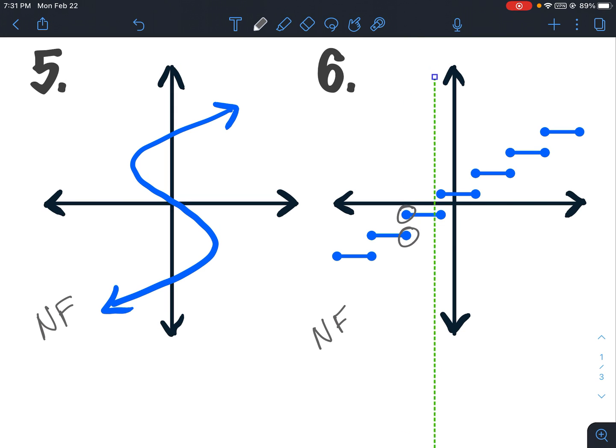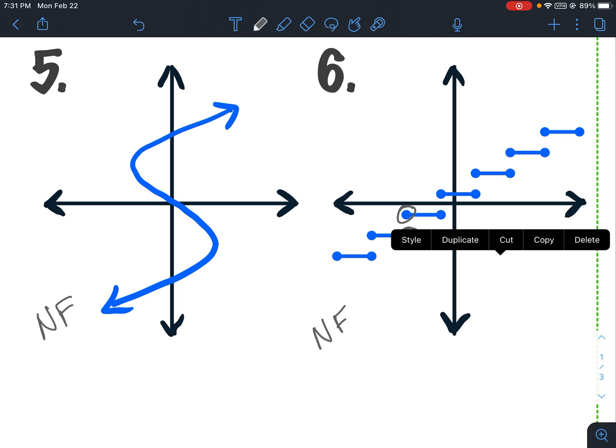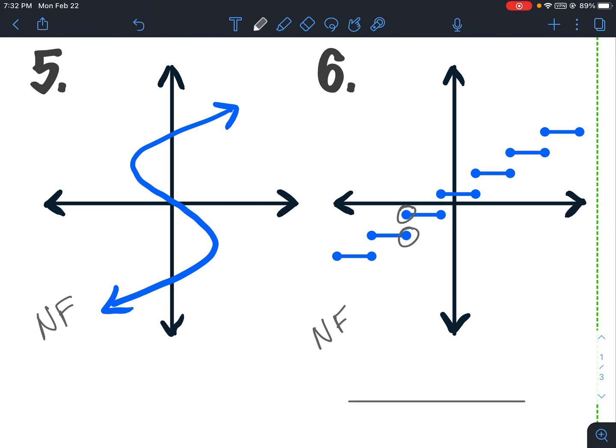However, the reason why this isn't a function is that if you remember way back when you graphed on a number line, if I had x is greater than or equal to 3, because it's greater than or equal to, that means 3 is included. So you would put a closed-in circle, and you would draw an arrow going in a certain direction. Because the 3 was included, it's a closed-in circle.